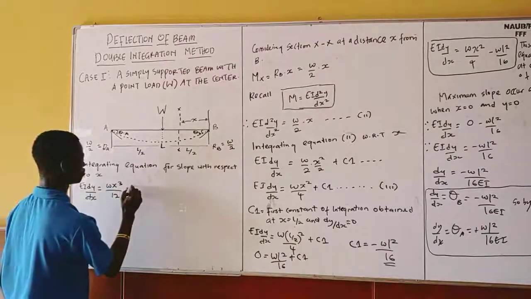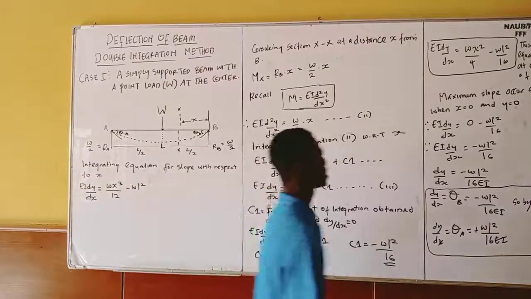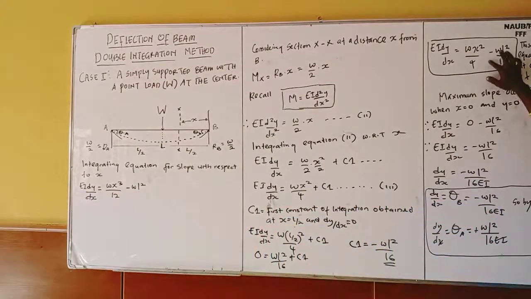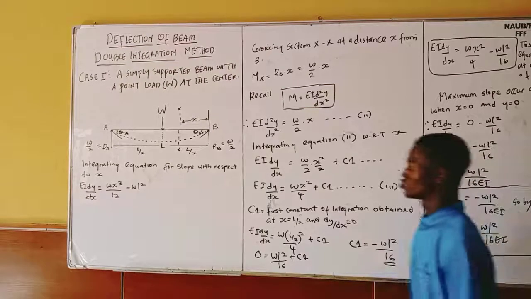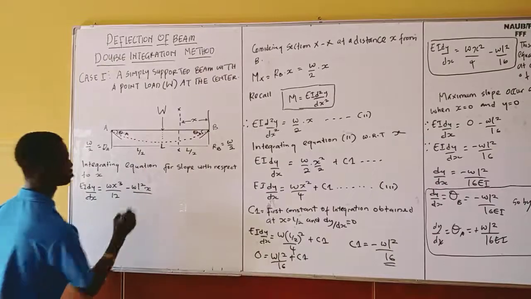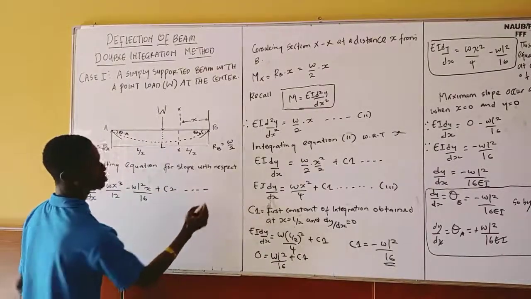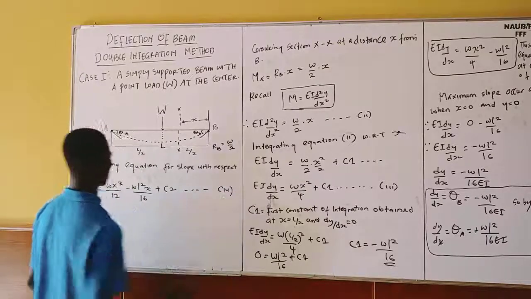Then we still have minus wl squared, but don't forget that we are integrating with respect to x, and in this case, we don't have x. Definitely, all this one is a constant. So by integrating a constant, we are going to have a variable, x here, and definitely over 16EI. So plus c2. So let's call this one our equation 4.